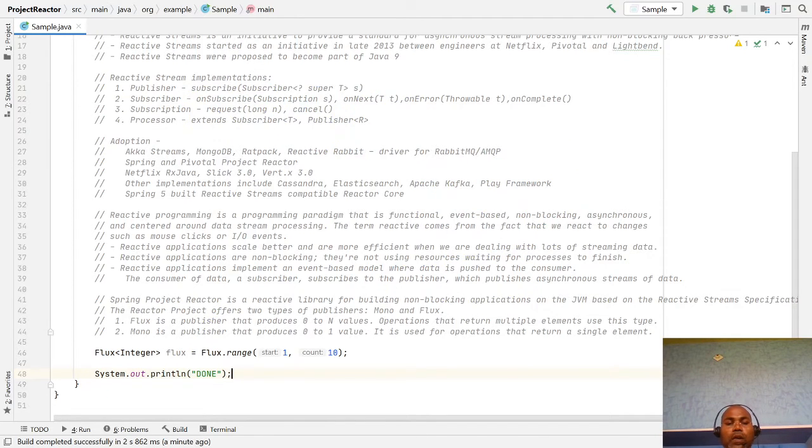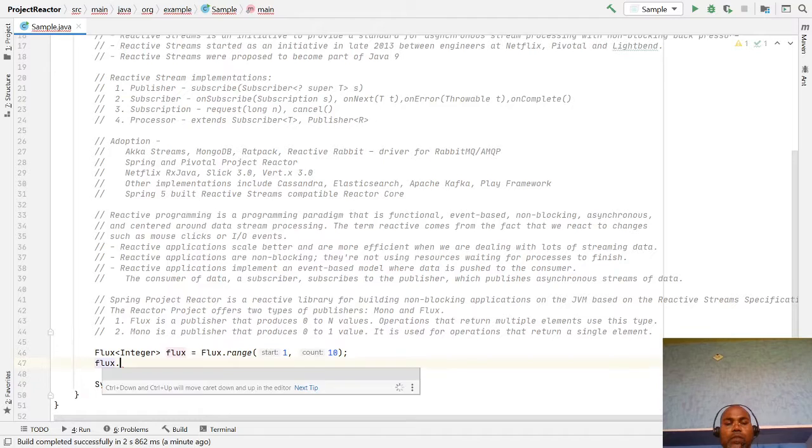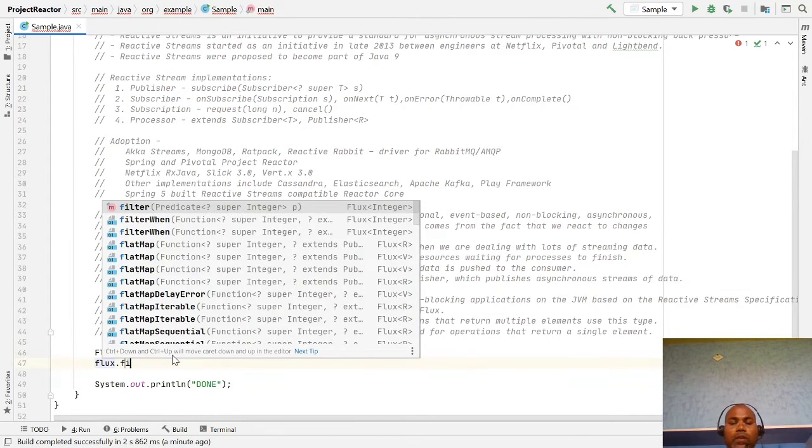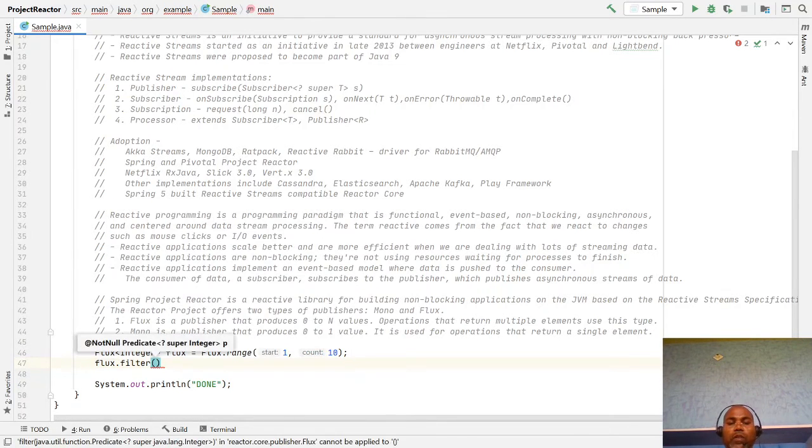On the Flux, I can apply flux.filter. I want only even numbers. For the elements I am getting, I want to print only the elements which are even.